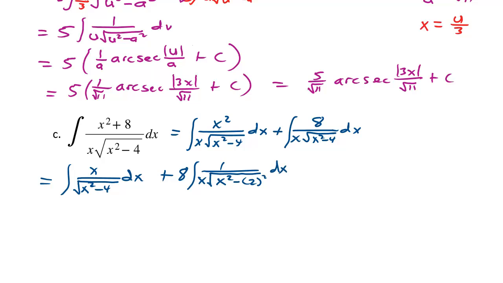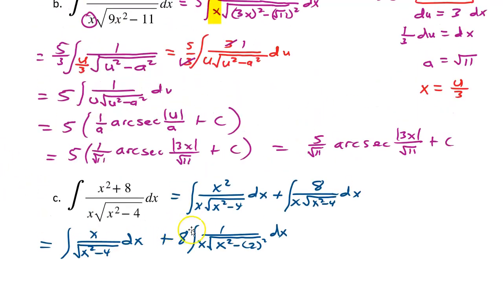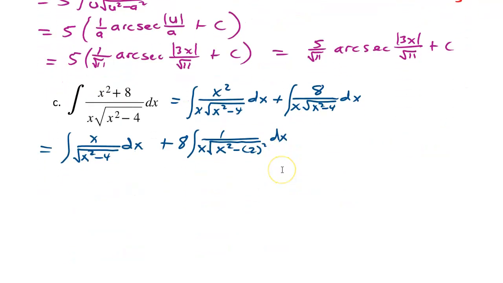All right. So that second integral there, it looks just like the one we just did, right? Where we had the u on the bottom and the root of u squared minus a squared. The other one, the x over root x squared minus 4, that one you can do a u substitution for, right?